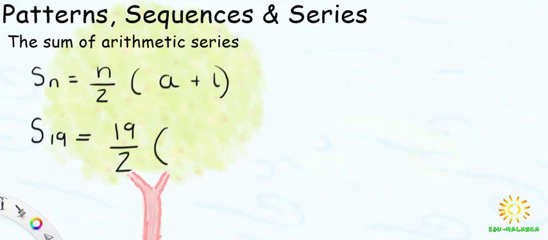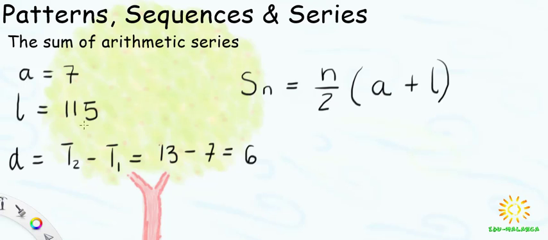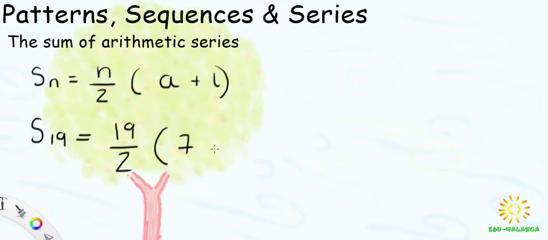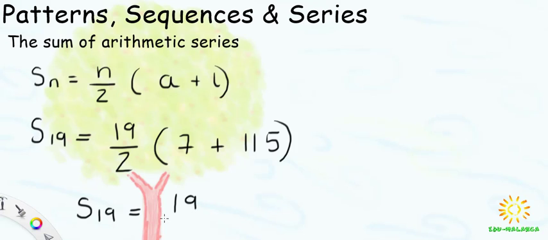Let's remind ourselves, a is 7 and l is 115. So we have 7 plus 115, close our brackets. 7 plus 115 is equal to 122. So S19 is equal to 19 over 2 times 122.